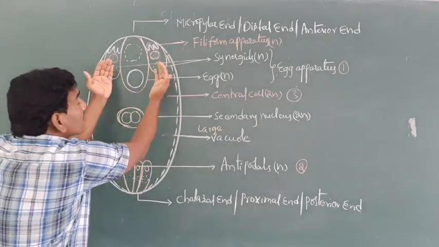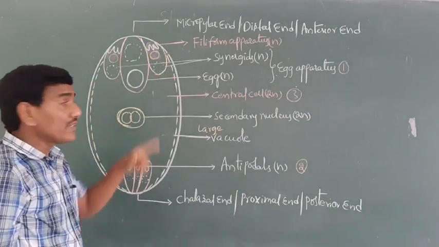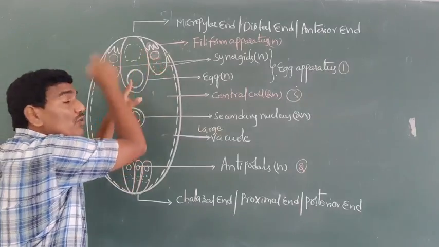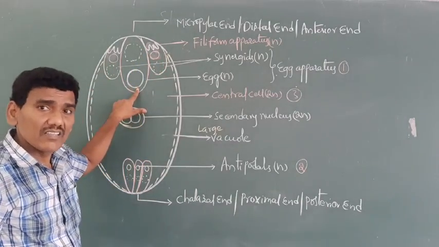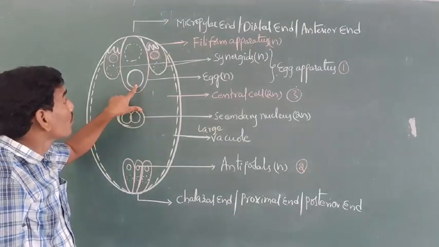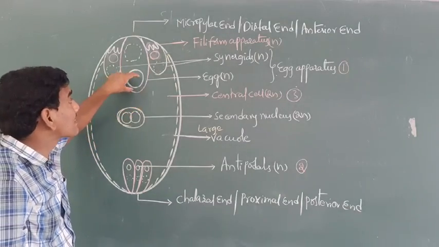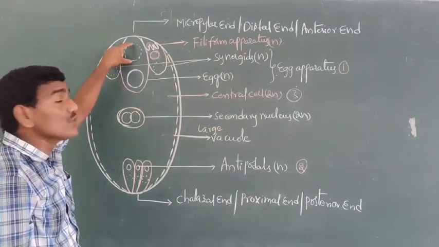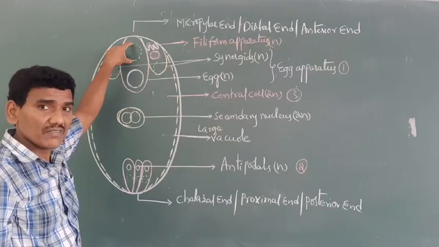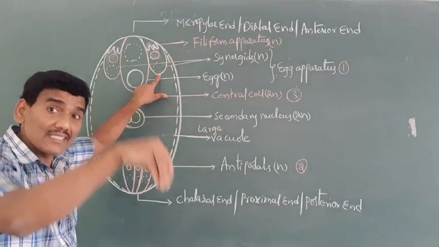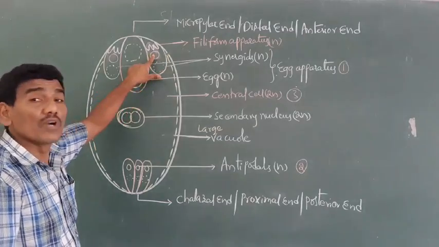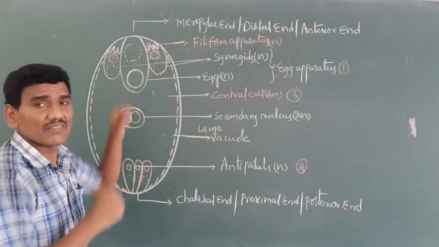If synergids are located to upside, egg cell is located to downside. In that egg, nucleus is located basal side, vacuole is located upper side. In that synergids, vacuole is located to basal side and nucleus is located to upper side.